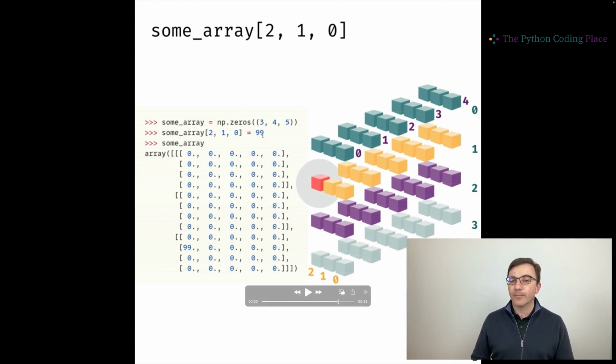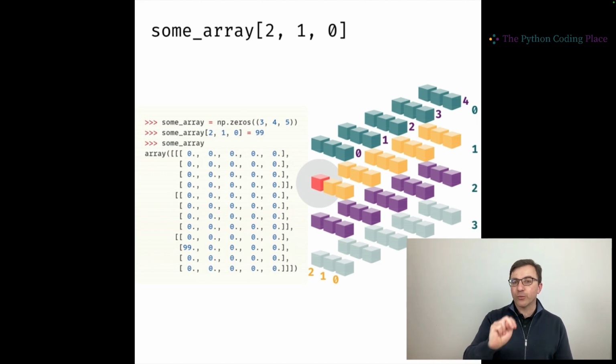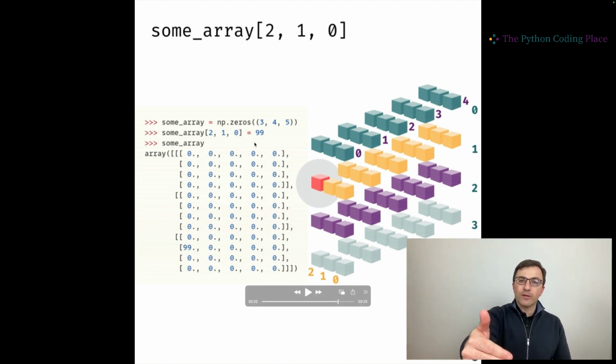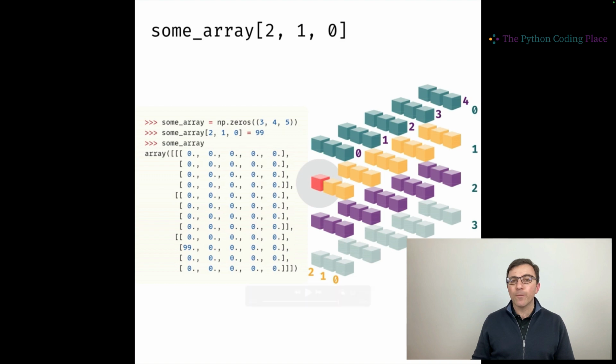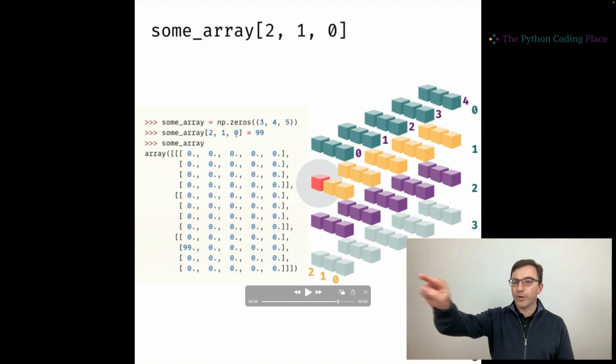Which one is it? The first number represents the layers. Therefore, 2, out of 0, 1, 2, represents the last layer. So we're in the last layer. The middle number tells us which row we're in. 1 is 0, 1, so it's the second row. So the layer at the back, the second row, and therefore the rightmost index represents where we are left to right.